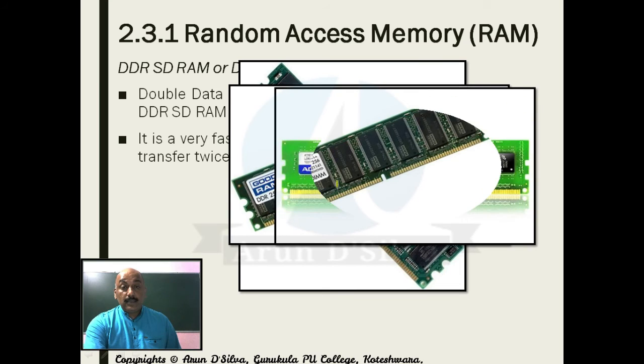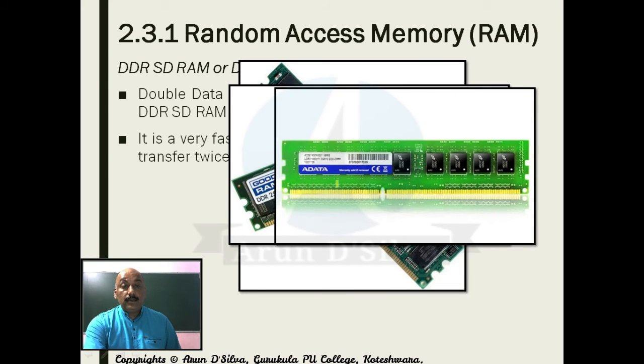And this is DDR3 RAM. It may not be the same style; it may change from company to company, but the slot size should be the same. The slot size remains the same. The IC or other circuitry on this board may change, but the rest remains the same. So this is about RAM.